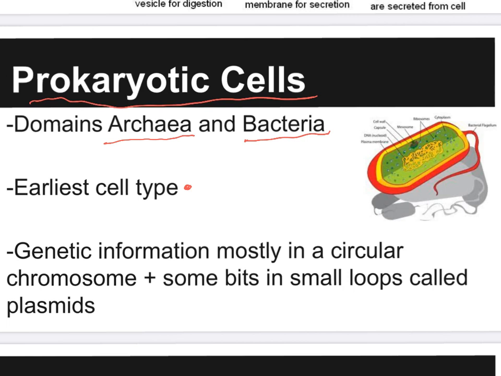The prokaryotic cells contain genetic information, so they contain DNA. The DNA of a prokaryotic cell is usually in a circular chromosome, so a big loop, and then maybe some smaller bits of chromosome that are also little circles called plasmids, so a different genetic setup to your cells or to an animal's cells.